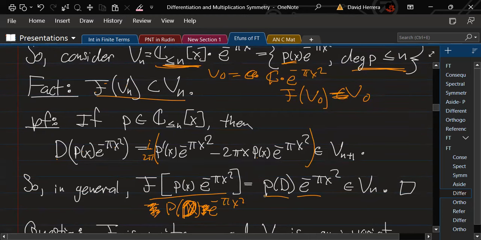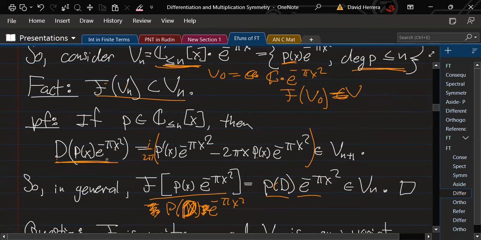Now, if I differentiate the Gaussian with this polynomial that's at most degree n, then what happens? Every time I differentiate it, I start getting down polynomials. Well, I actually don't need to check it. I have it proved here.